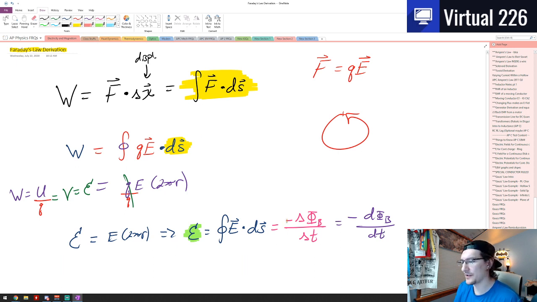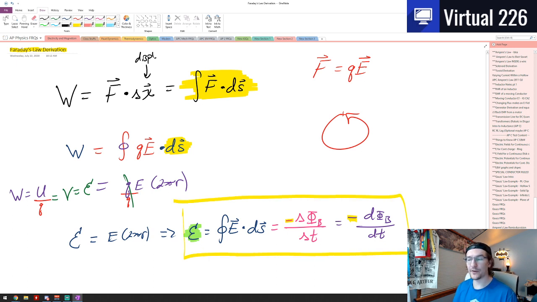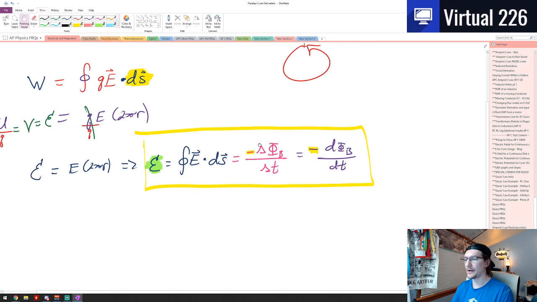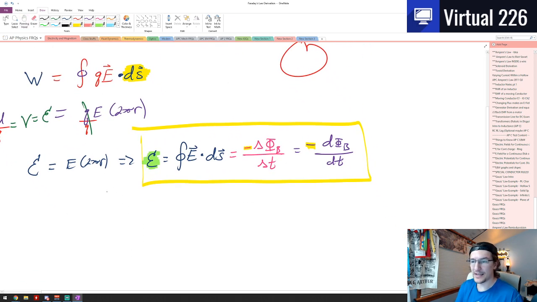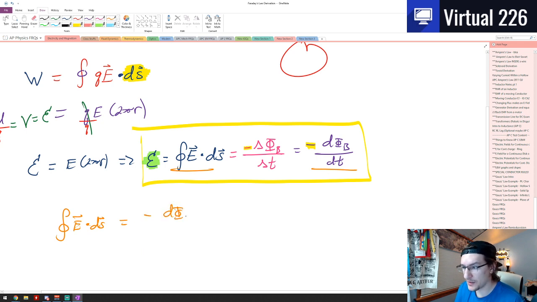And remember, this negative here is Lenz's law. That's just a right-hand rule issue, and convention tells us which direction the current goes. It opposes the change of flux. So this right here is Faraday's law in a more complete calculus form. And the big piece here is that some closed path integral of the electric field will equal a small differential change in flux in an amount of time.